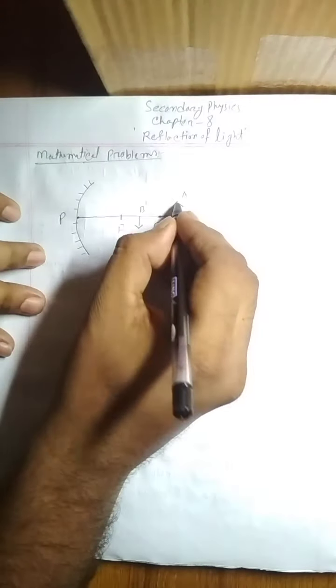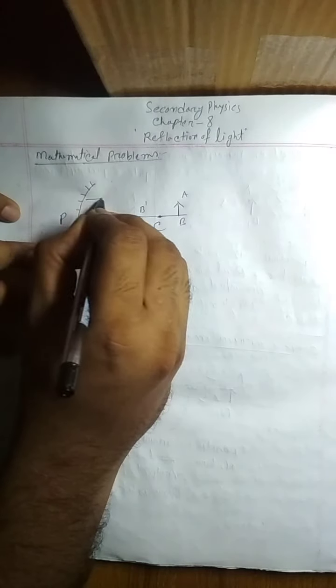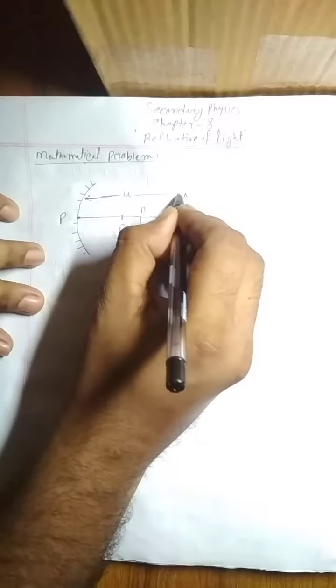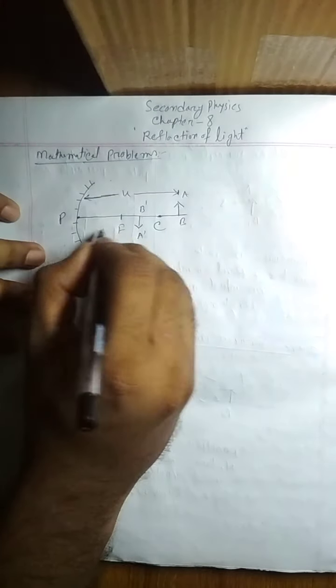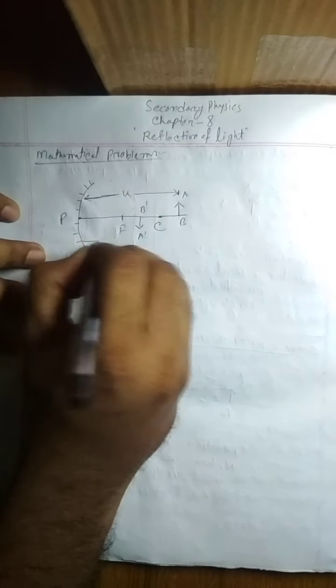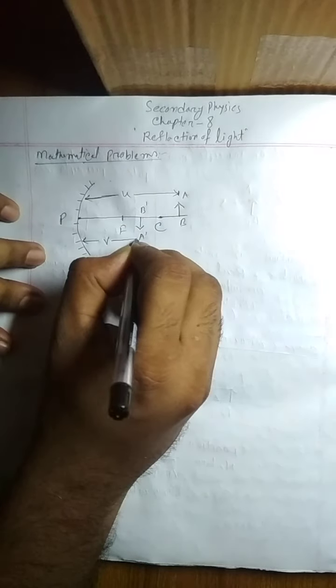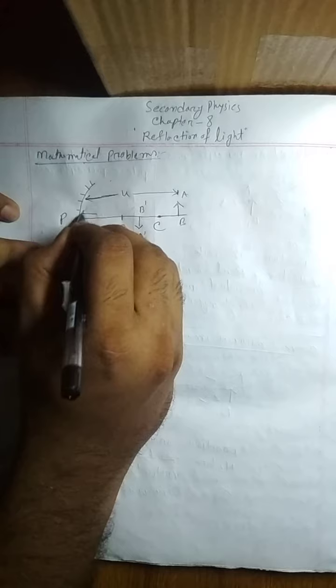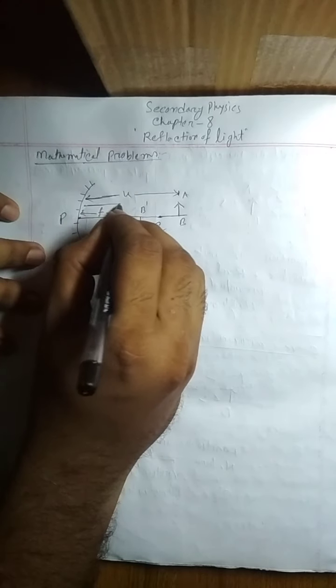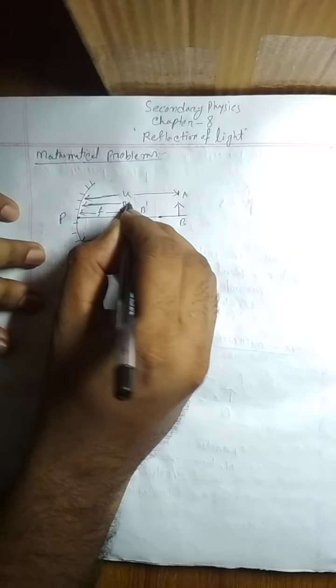Now see, this is the object, and this is the distance of the object from the mirror, denoted by u. This is the distance between the image and the mirror, denoted by v. This is the focal length, denoted by f, and this is the radius of curvature, denoted by r.